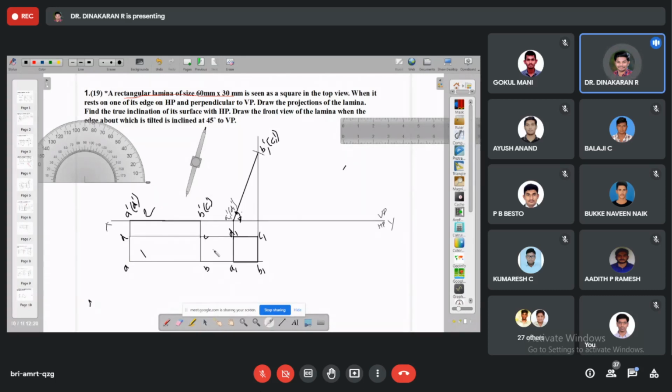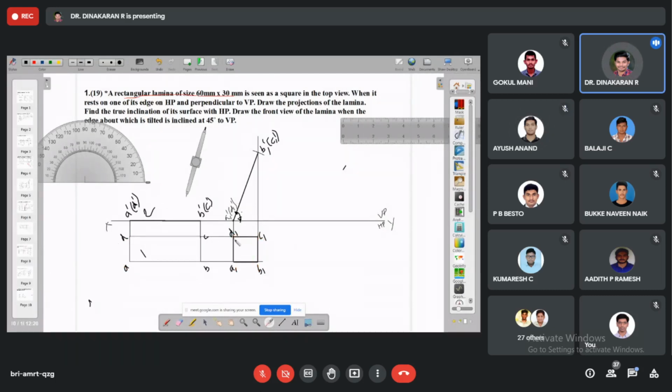After that, I drew a square of 30 mm, because one shorter side of our rectangular lamina looks like a square. Is that correct or wrong? That is why I drew a square of 30 mm equal side.